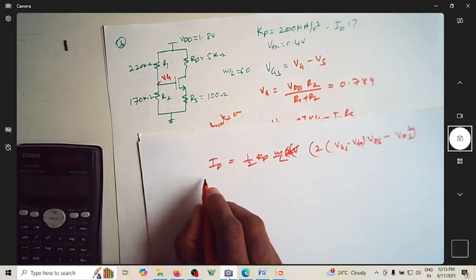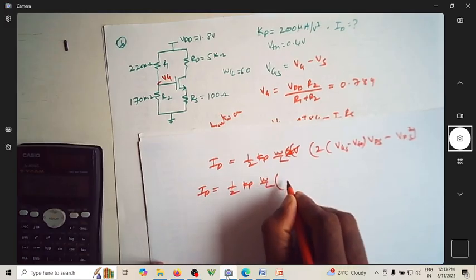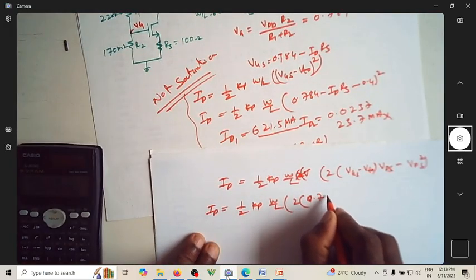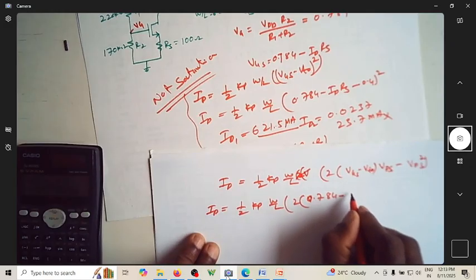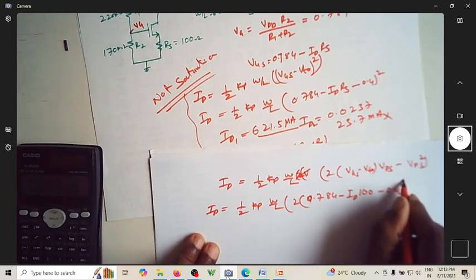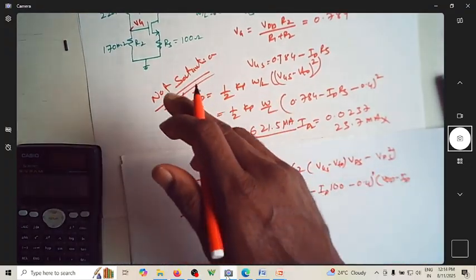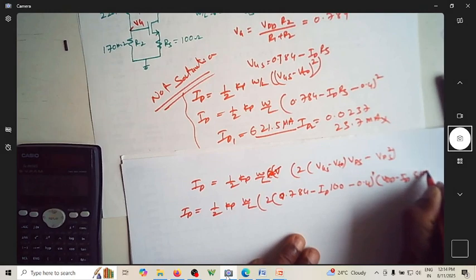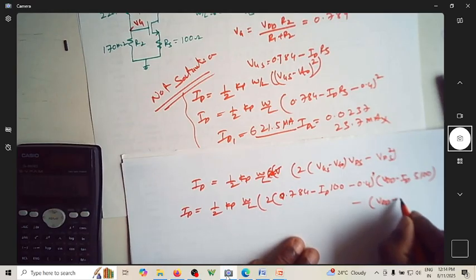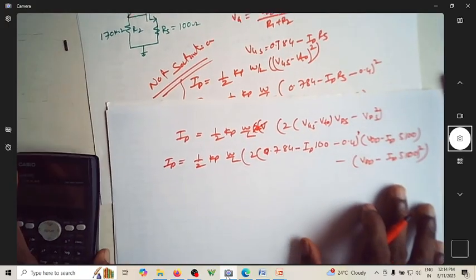So ID is equal to half Kp W by L into 2 into (0.784 minus ID into 100 minus 0.4) into (VDD minus ID into 5100) minus (VDD minus ID into 5100) whole square. This I need to solve.